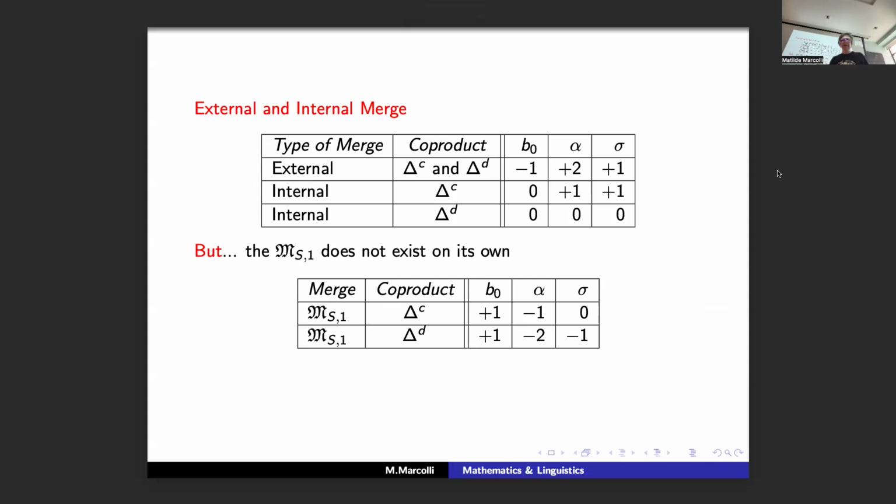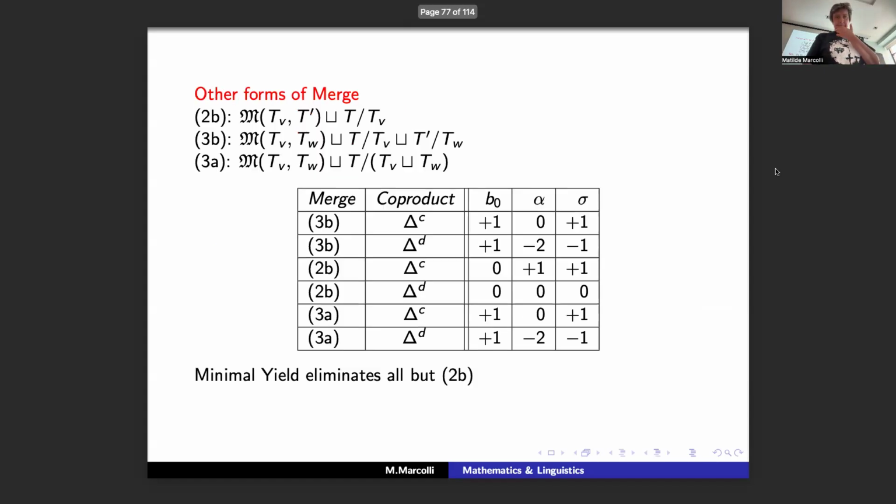Basically external and internal merge are fine with these constraints. The merge with the empty set, if you take it on its own, would violate these constraints, but in combination as internal merge it doesn't. And the other forms of merge are more or less ruled out just by these constraints.